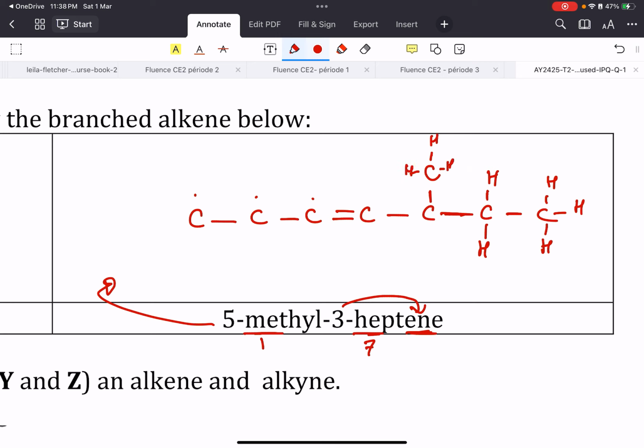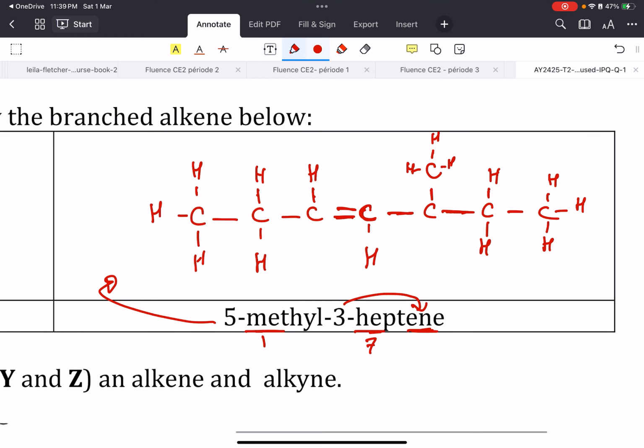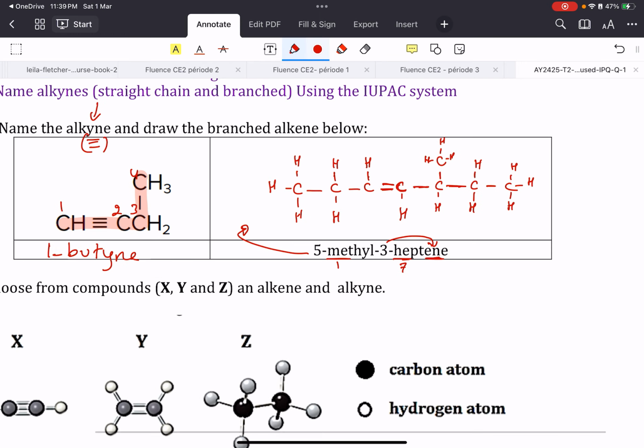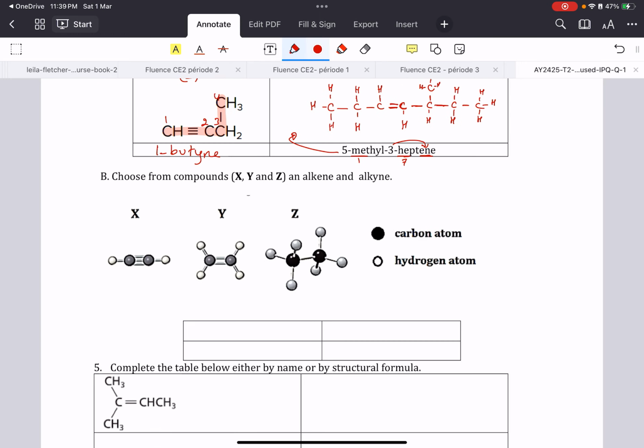This carbon has 1, 2, 3 bonds, and here's the 4th. Same thing for this one. This one will have 2 hydrogens, and the last one will have 3 hydrogens. And here we go. This is the structural formula of 5-methyl-3-heptene.